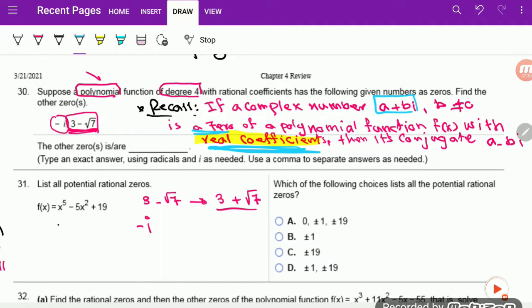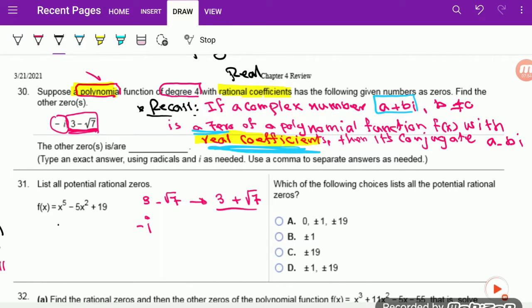This is important as well, because to apply this idea, the polynomial function has to have rational or real coefficients. And we do have that, because it says we have a polynomial with rational coefficients. The rationals are already real, so we are good.